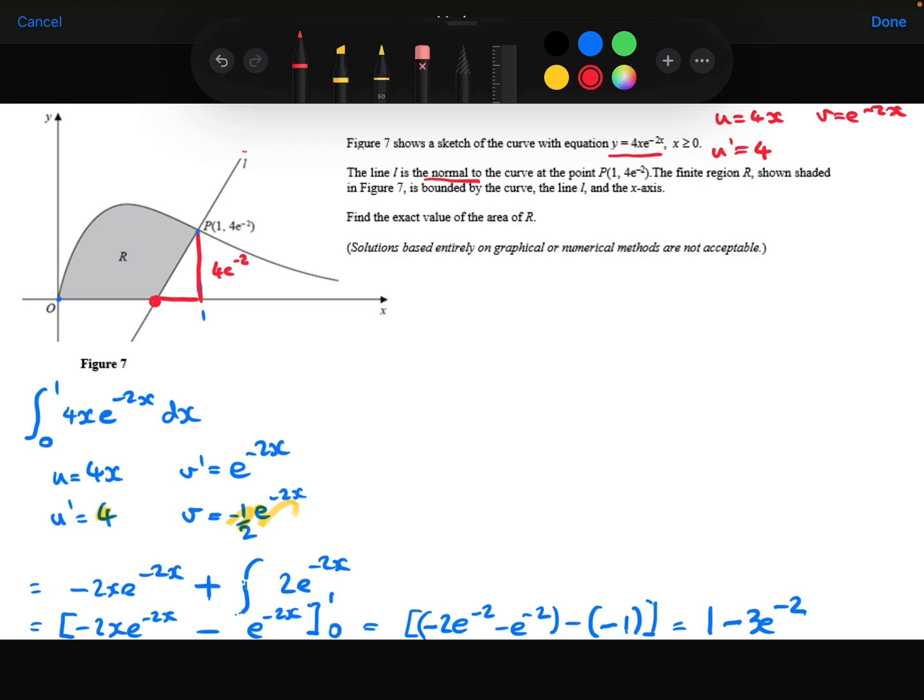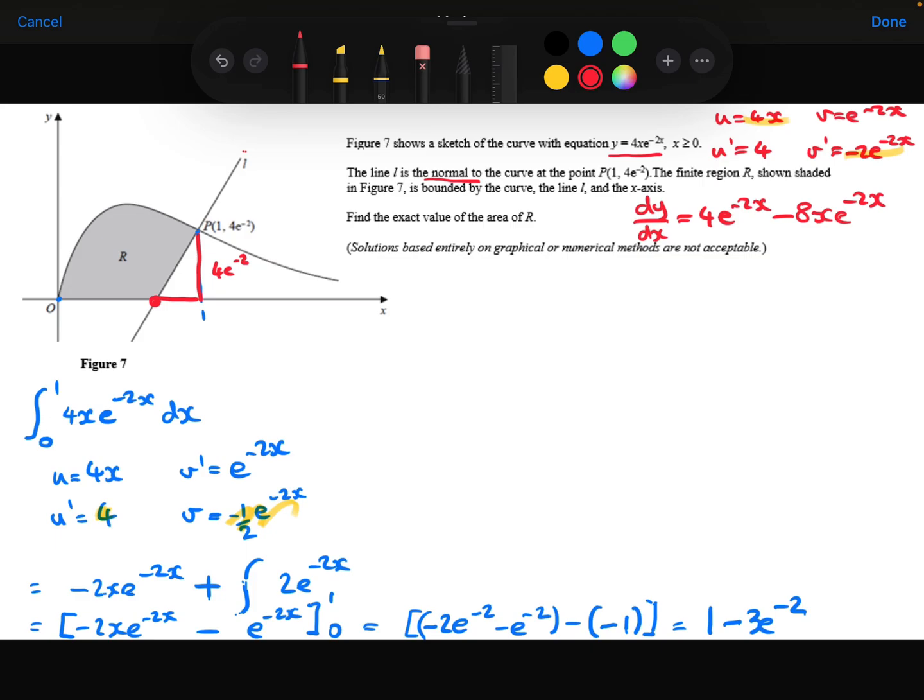So u dash will be 4, v dash will be minus 2e to the minus 2x. And applying the product rule then, I'll get dy by dx is equal to u dash v plus v dash times u. So timesing these two together will actually make this a negative 8x e to the minus 2x.